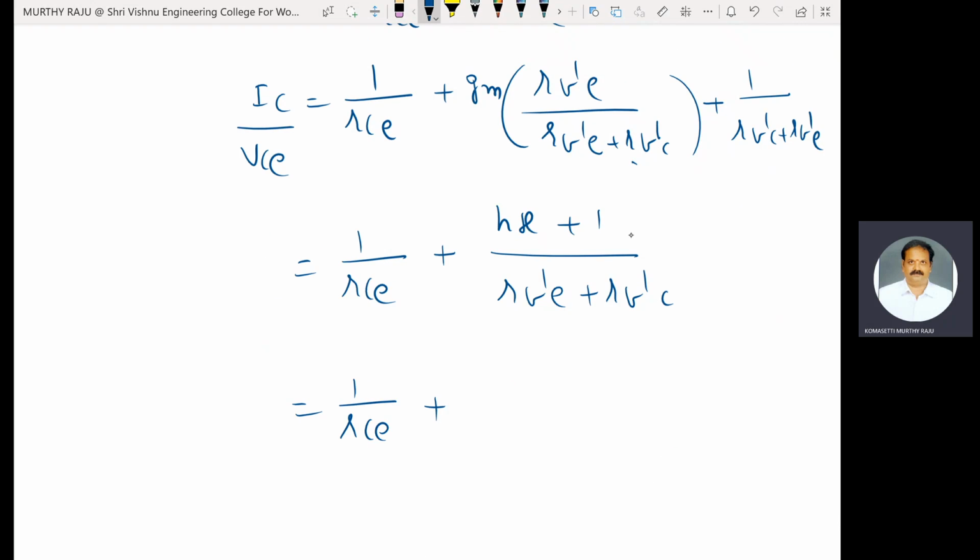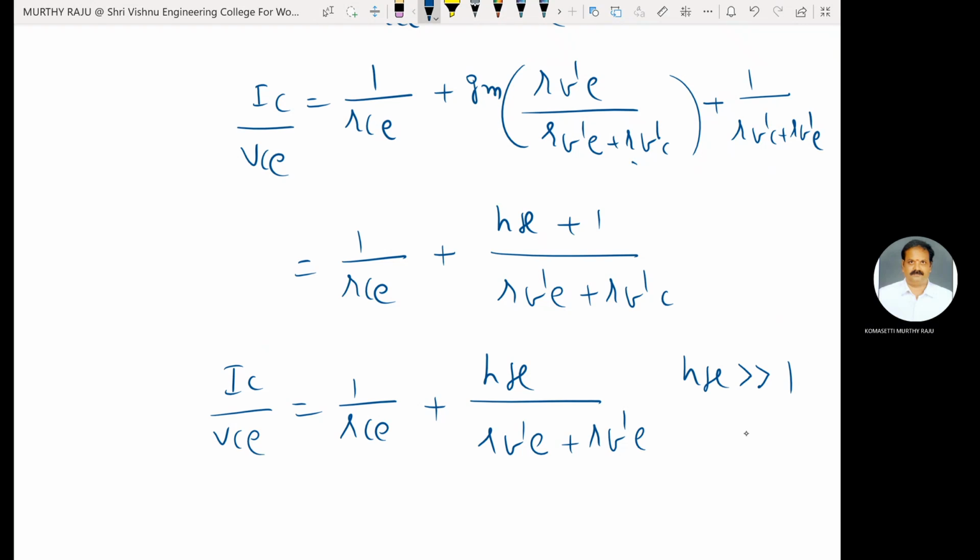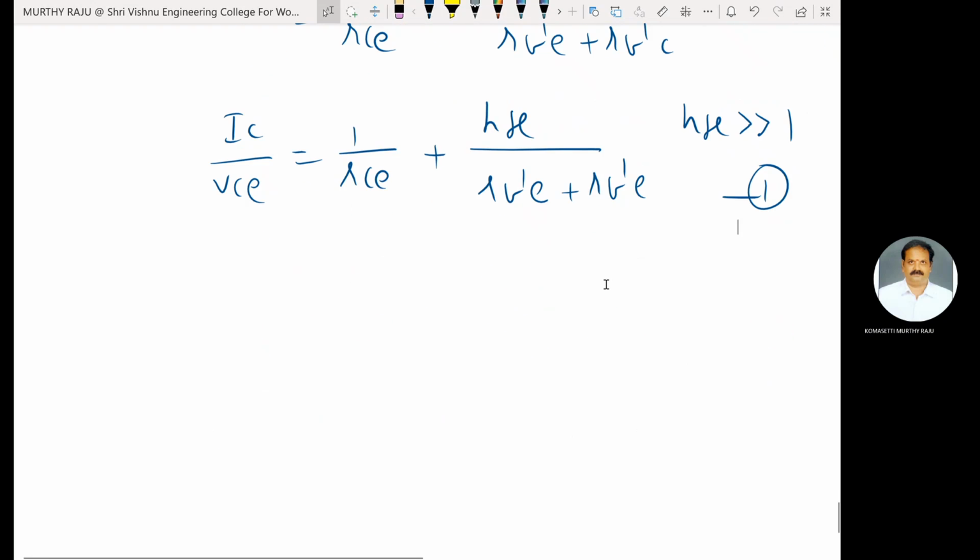HFE is equal to 100, so 100 plus 1 is approximately 100, since HFE is far greater than 1. This is IC by VCE. This is equation 1 from the hybrid pi model.